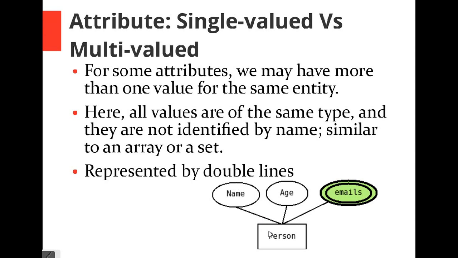The age is a single value because you can only have one age for a person. But the email is multi-valued because we can have different emails. You can have a Yahoo email, a Hotmail, a Gmail, and different email accounts for a single person. So we represent this multi-value attribute with a double oval shape.